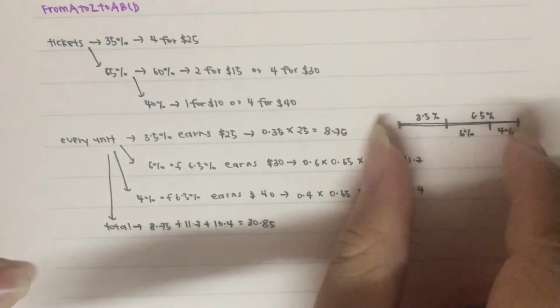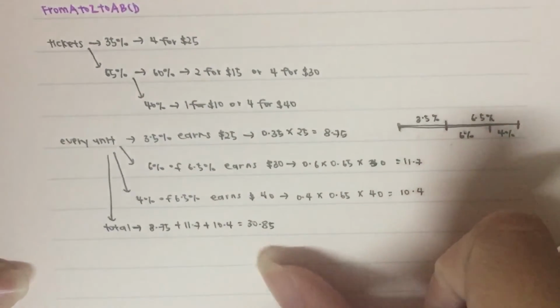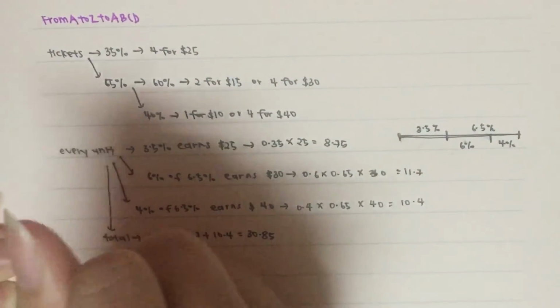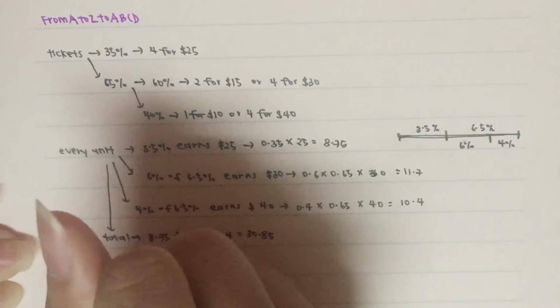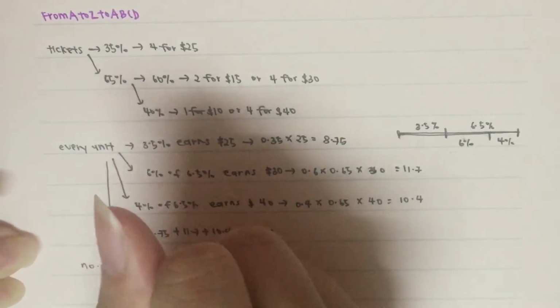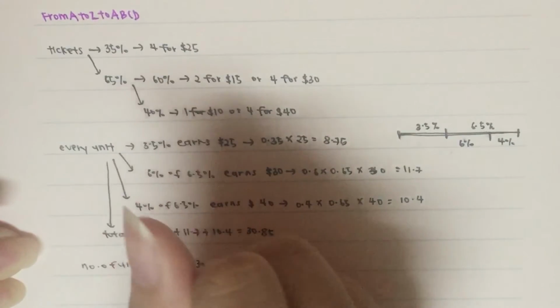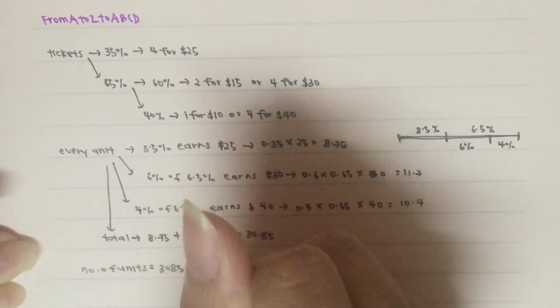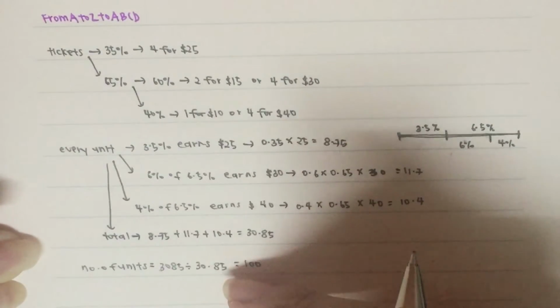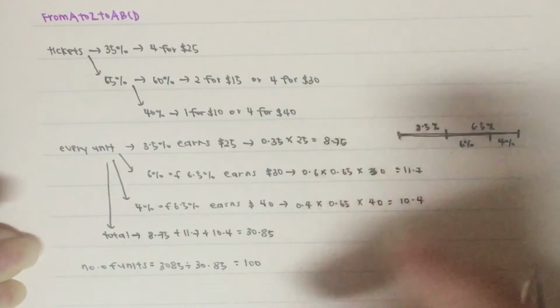So one particular unit equals 30.85. Then the number of such units will be equal to 3085 divided by 30.85, and this will give us 100 units. Just a coincidence, okay? The numbers actually become very nice.